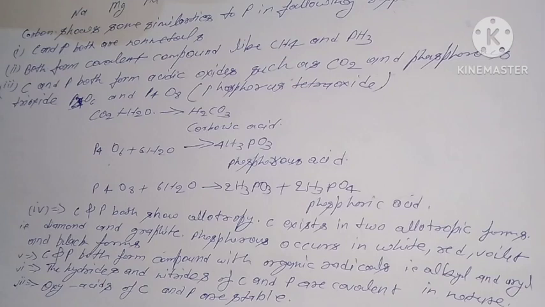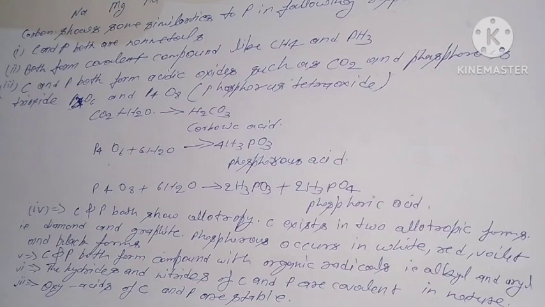Both show allotropy. Carbon exists in two allotropic forms, diamond and graphite. Phosphorus occurs in white, red, violet and black forms. Both form compounds with organic radicals, alkyl and aryl. The hydrides and nitrides are covalent in nature. Oxyacids are stable.